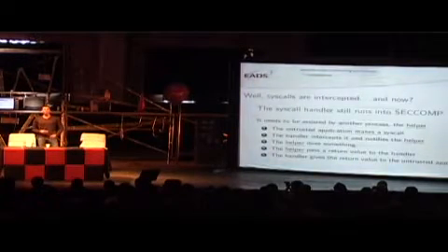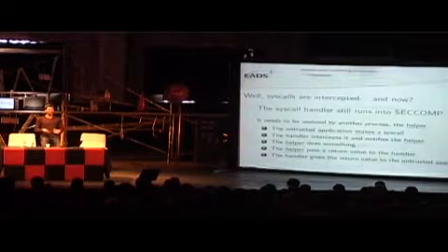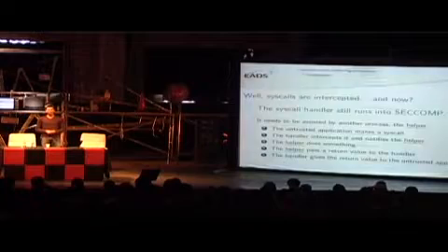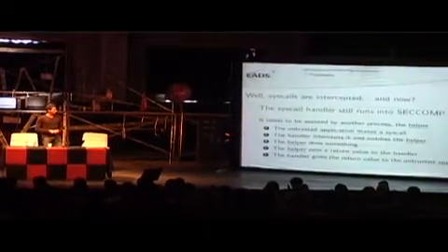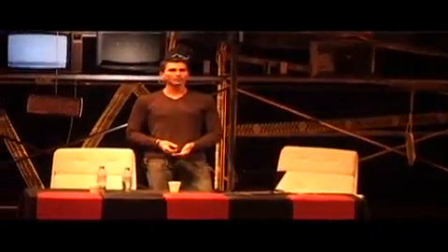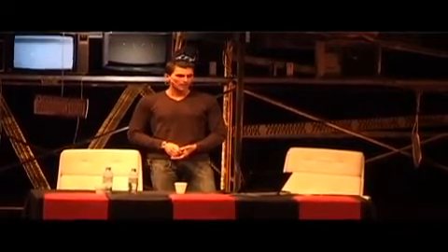When your application is running, we have another process running in parallel, and this other process is called the helper. Now, when the untrusted application makes a syscall, it is intercepted by our handler, and the handler notifies the helper thanks to a Unix socket.